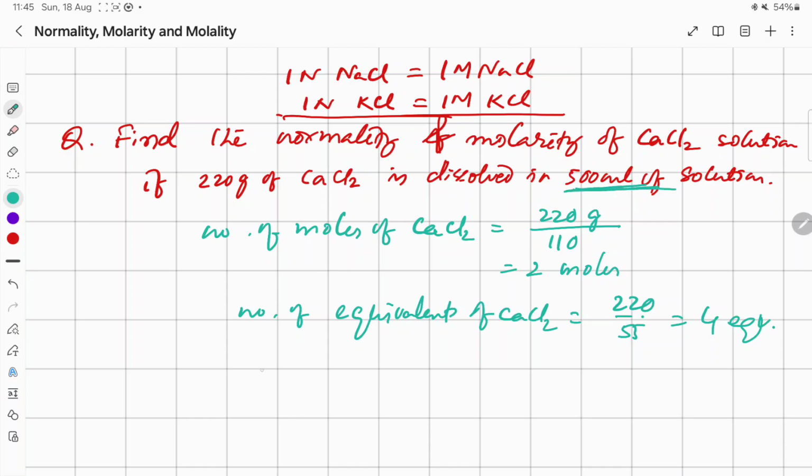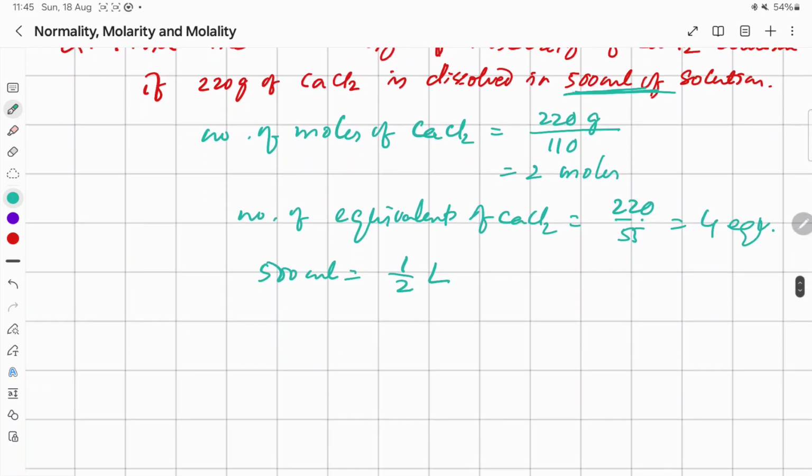So 500 ml is equal to 1 by 2 liter. So normality is equal to number of equivalents per liter of solution.